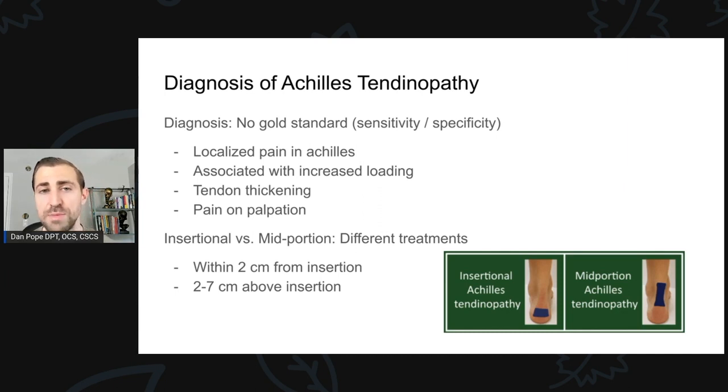Again, the thought process is that if you have irritation at the insertion of the Achilles tendon, then when you go into end-range dorsiflexion, it stretches the tendon across the calcaneus and irritates the Achilles tendon, right? So that's the reason why we would differentiate between insertional versus mid-portion.